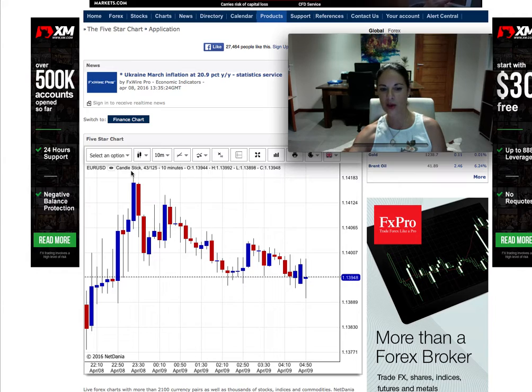A trending market, as we have here, is in this case showing a downtrend. So we have a price that started at 1.14183 here and worked itself all the way down to 1.1389. So the trend here is clearly a downtrend, and this is the best place for us to use the Fibonacci tool.